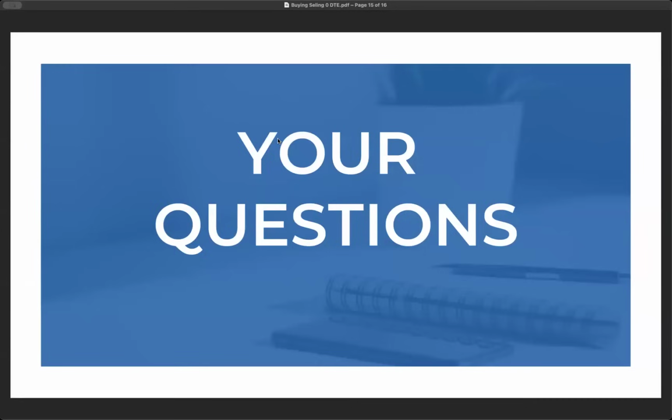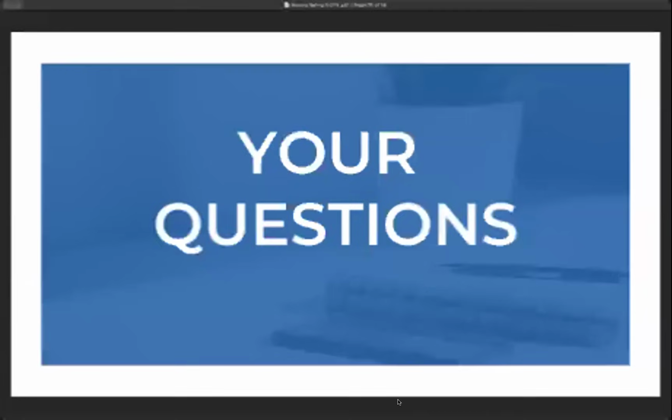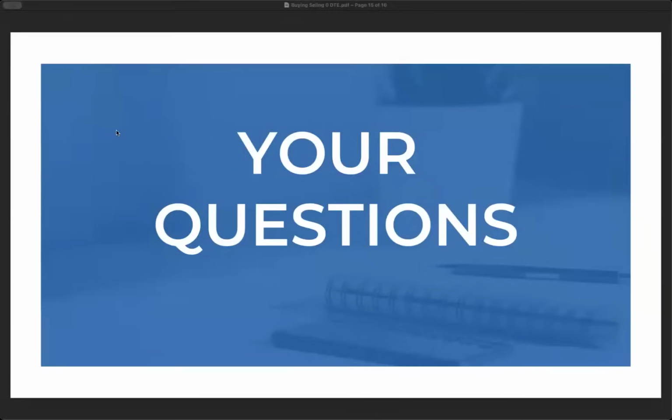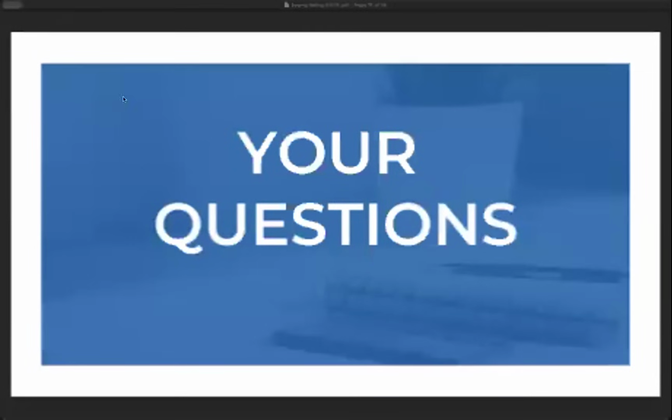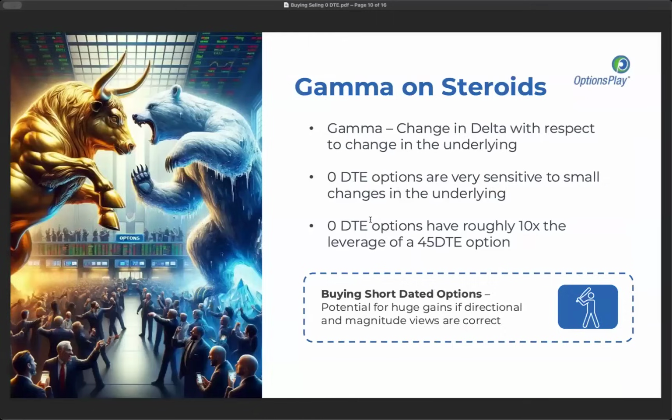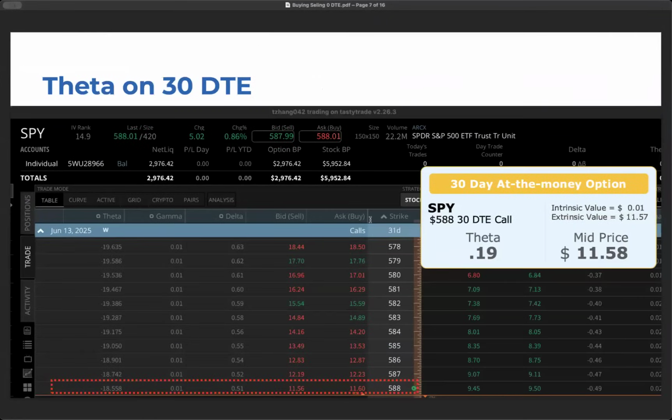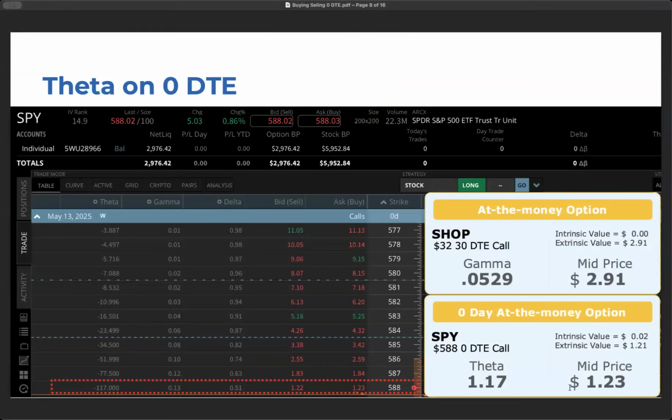Does theta change intraday on 0 days to expiration? Theta always changes, right? And it changes substantially as you get closer and closer to expiration, because the extrinsic value of the option is going to change so much in that last day. So, this example that I gave you, let's go back to this one.